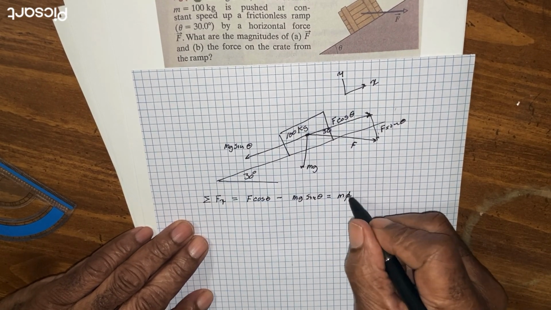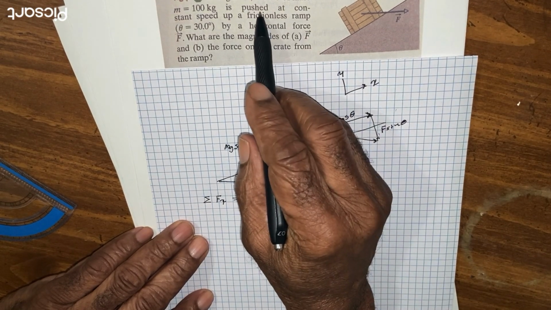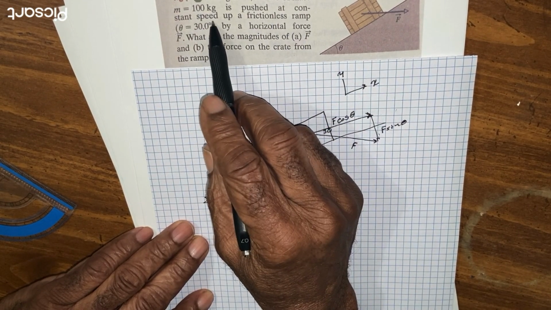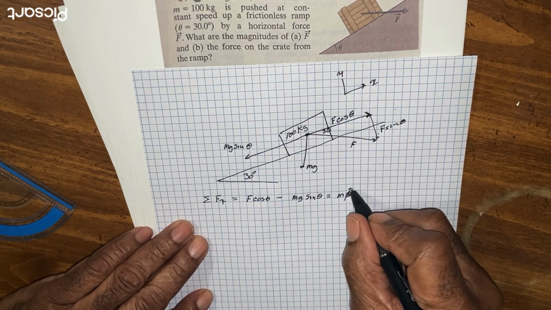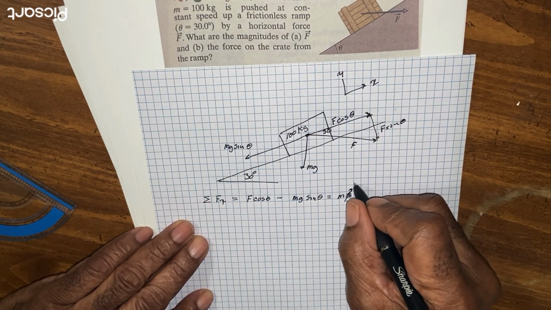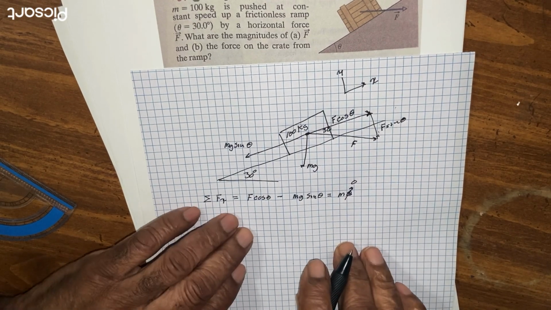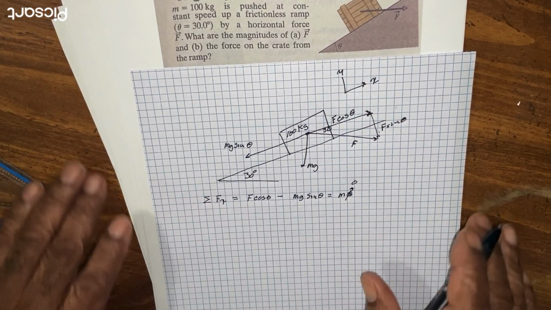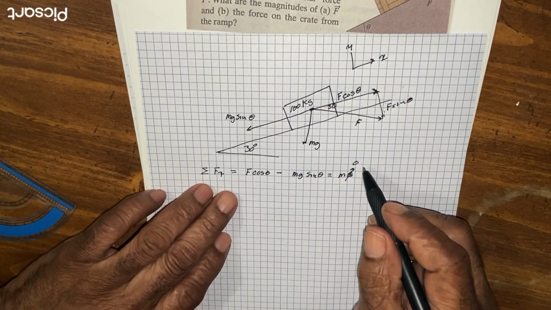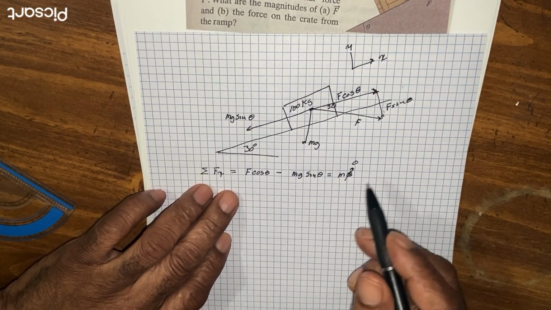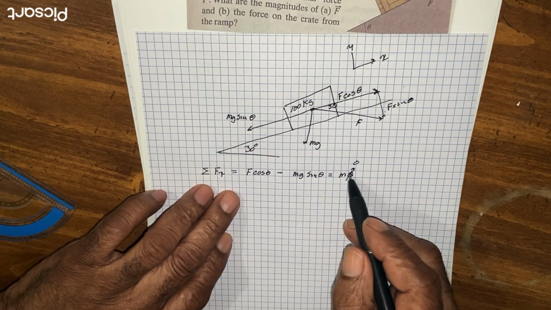Now the problem says that it's pushed at a constant speed up a frictionless ramp. So that means that a is equal to 0 since it's pushed at a constant speed. There's no forces on it for us making it accelerate.